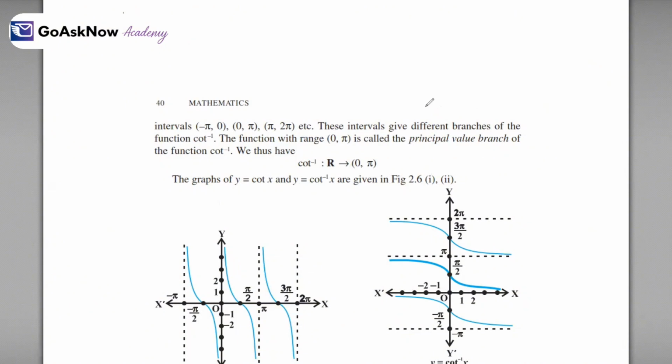What are the principal value branches of those? What are the domains and ranges of those? I hope that you got all the points today. This is the basic, starting part of this chapter. We will see other things in the next lecture, like some questions of this topic, and some properties also. This is enough for today.